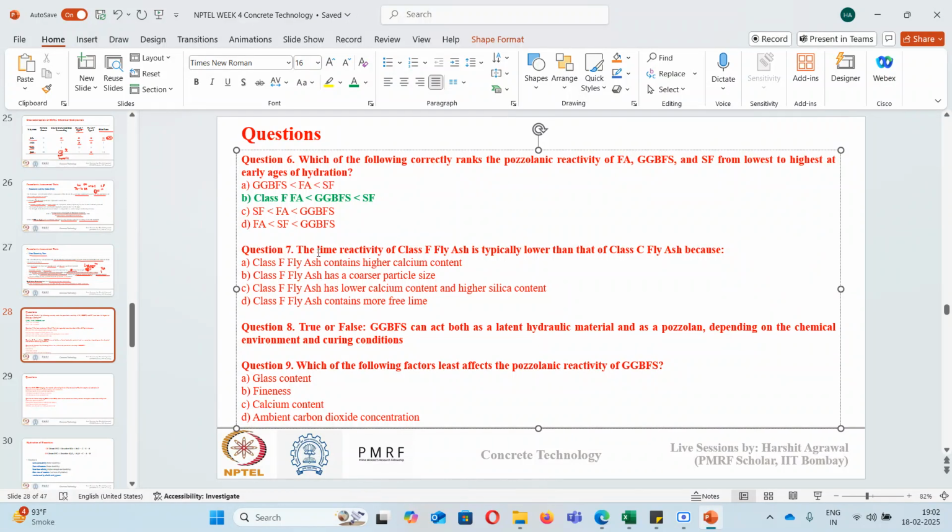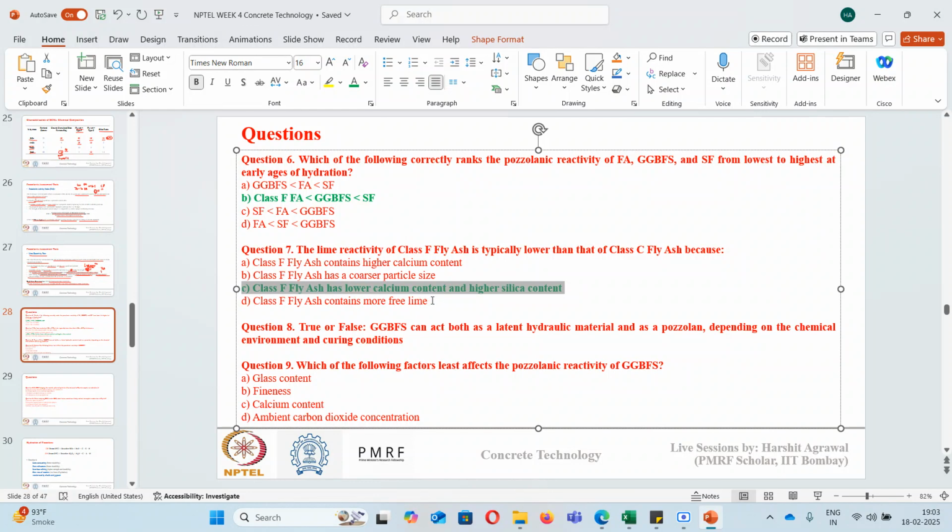Question number 7. The lime reactivity of class F fly ash is typically lower than class C fly ash because, so the answer will be C. Class F fly ash has a lower calcium content and higher silica content. So what happens? My class F fly ash is low in calcium and rich in silica, so it requires an external activator, that is lime, for the pozzolanic reaction.